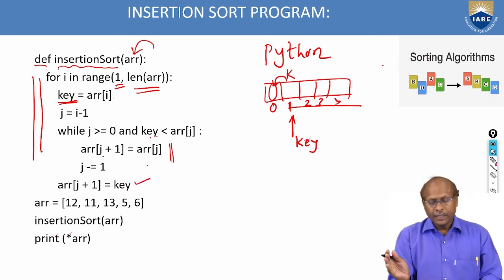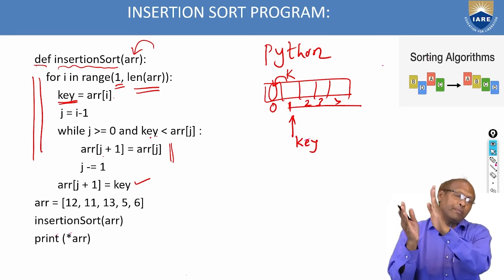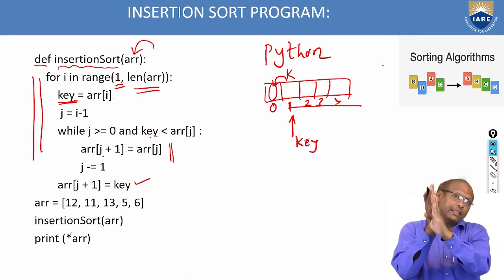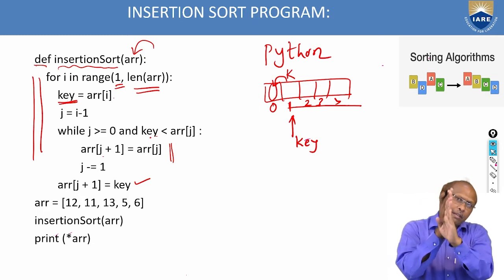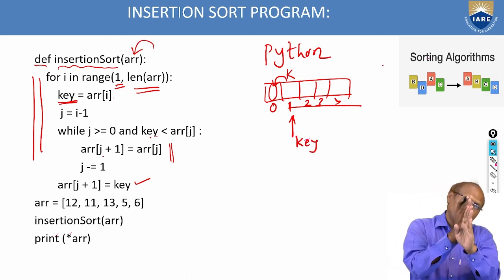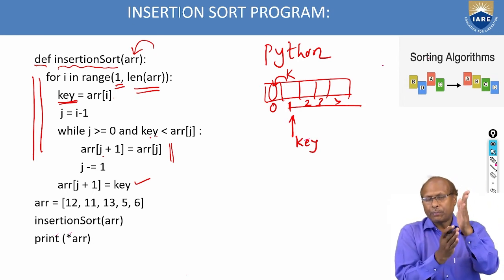My j will keep on decreasing because I am going from last to beginning. That means my index is at the jth place, next time j minus 1th place, next time j minus 2 place. So every time j has to decrease till it finds the position.